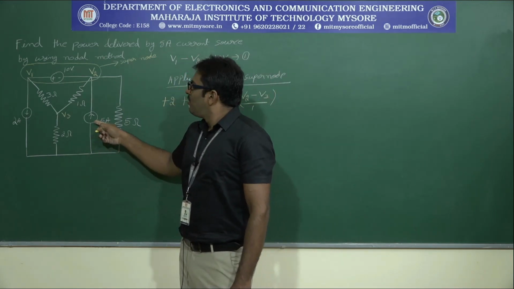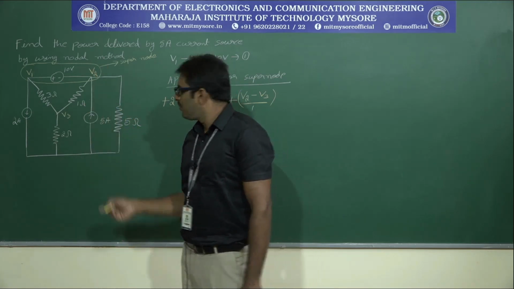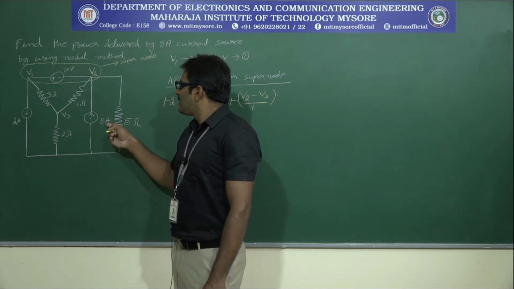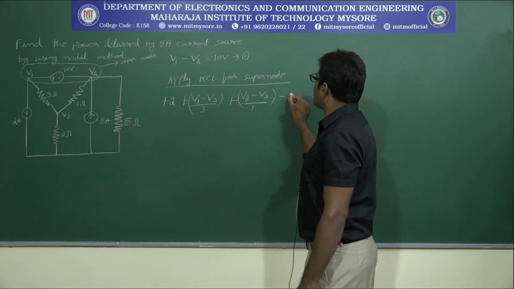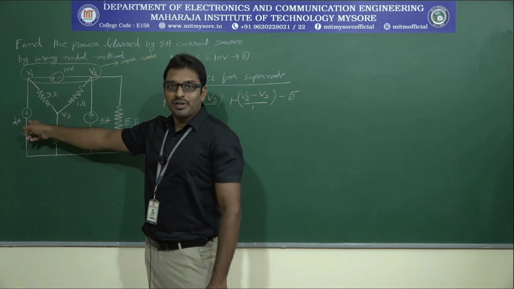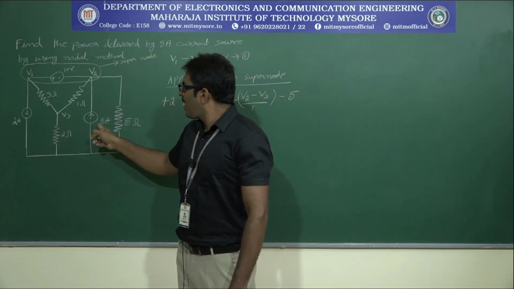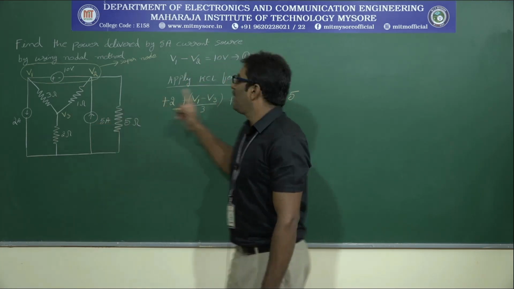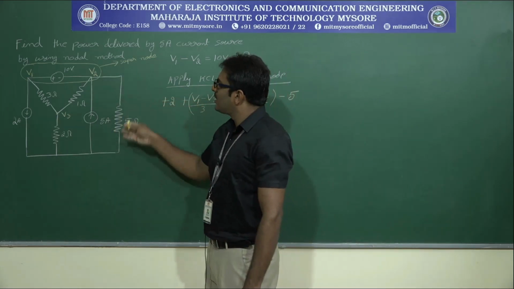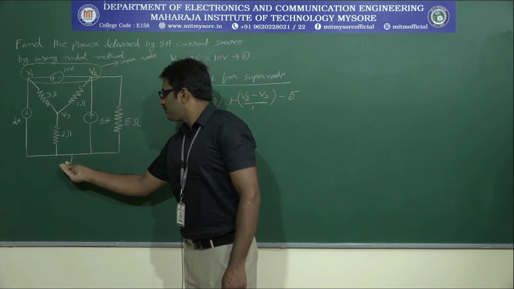When applying KCL for the supernode, all the branch currents are leaving the node, but the branch current given in the circuit is entering the node. That's why this is minus 5 ampere. This 2 ampere current is also leaving the node, supporting our assumption, that's why we put plus 2 ampere, and this 5 ampere current is entering the node, that's why it is minus 5 ampere. Anyhow, what is the current in the last branch? The last branch is connected between V2 and ground.